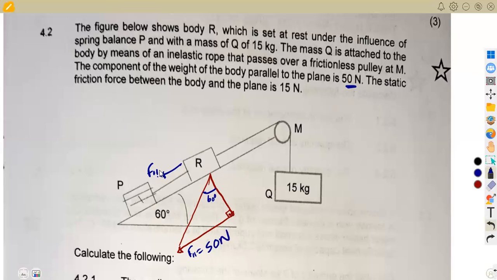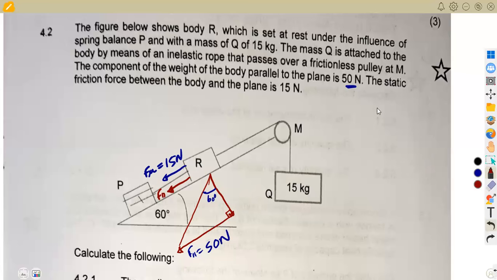And the frictional force goes the same direction. So let me just indicate the frictional force on this side, because of the space here. The frictional force is given as 15 Newton. But the frictional force is going in the same direction as our parallel force in this case, which is this one that I indicated here.